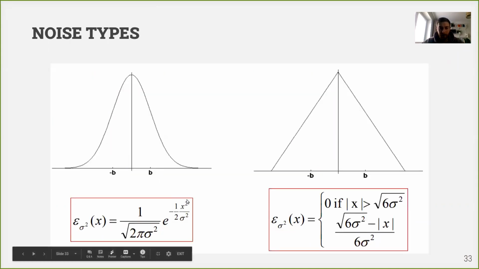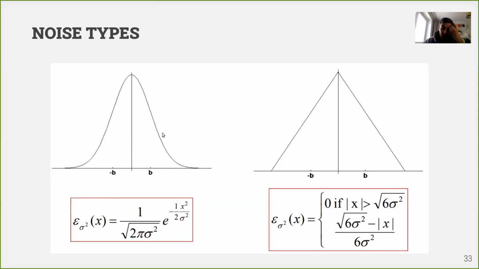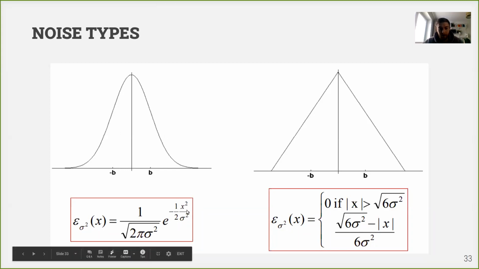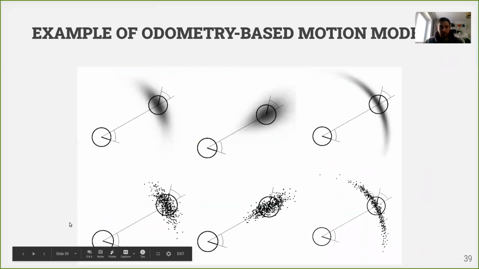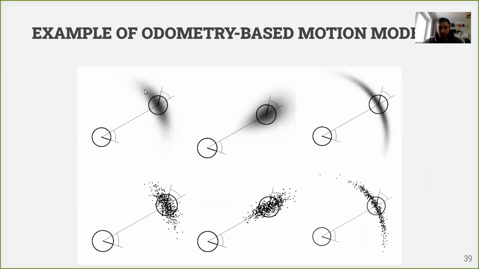So here, for example, x is a particular coordinate, and sigma is a particular variance, so a particular parameter of our probability distribution. And having these two parameters, we want to estimate how probable it is that we ended up in this pose. So for example, we are taking some position here and just asking our equation how probable it is that we are here.